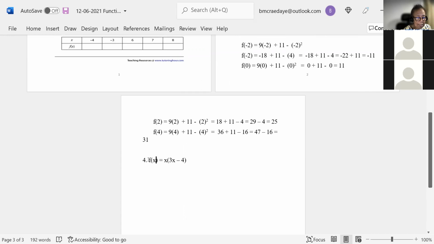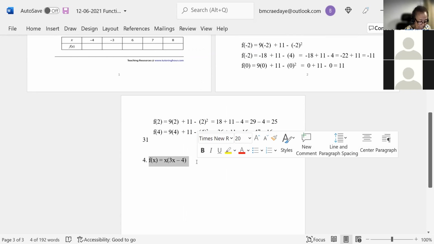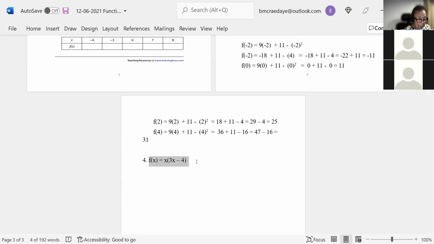So let's just copy this over and put in our -1 for our input. This is -1. Wherever you see an x, you want to put a -1. So you see, Latoya, you have to put a -1 here. That's an x, right? And then this will be 3 times a -1.